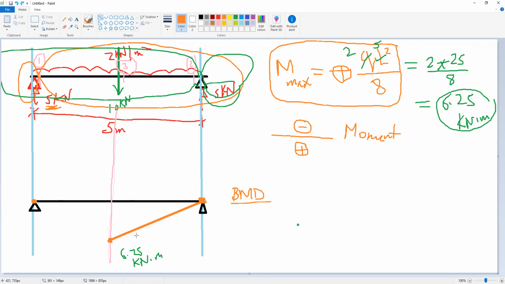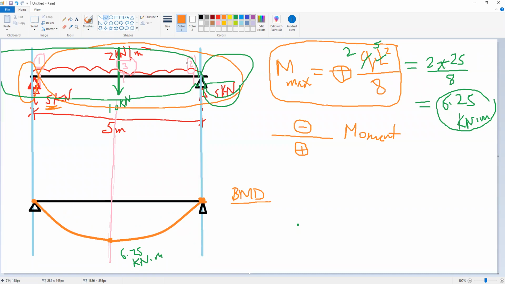Do you have any idea, guys, how to connect them? Is it curved? Yeah, this would be curve. Okay, and the other one as well would be curve.